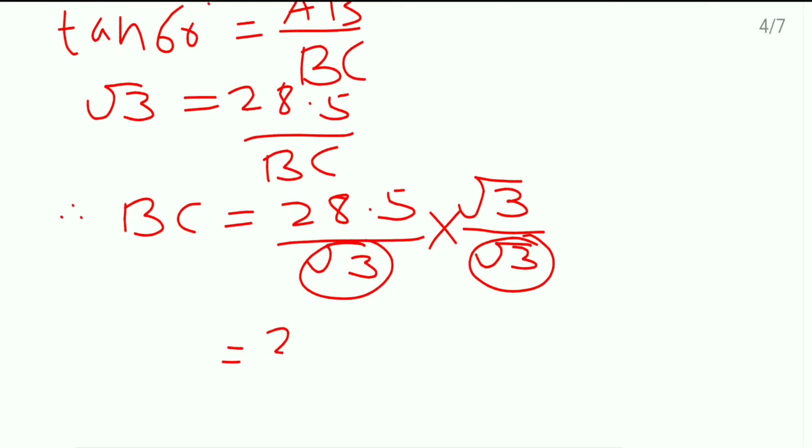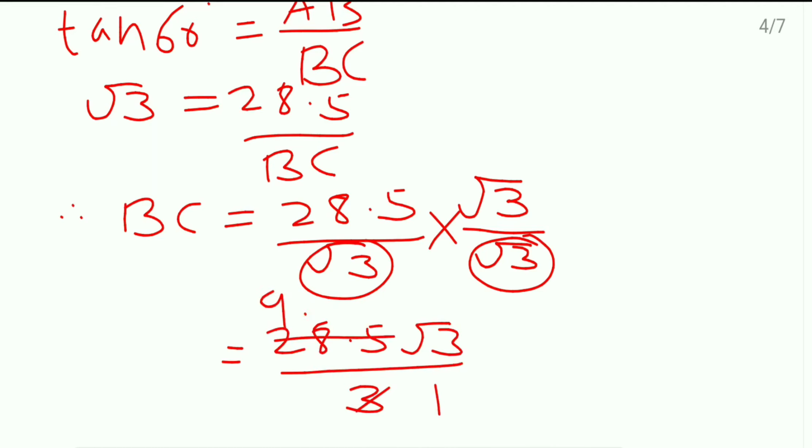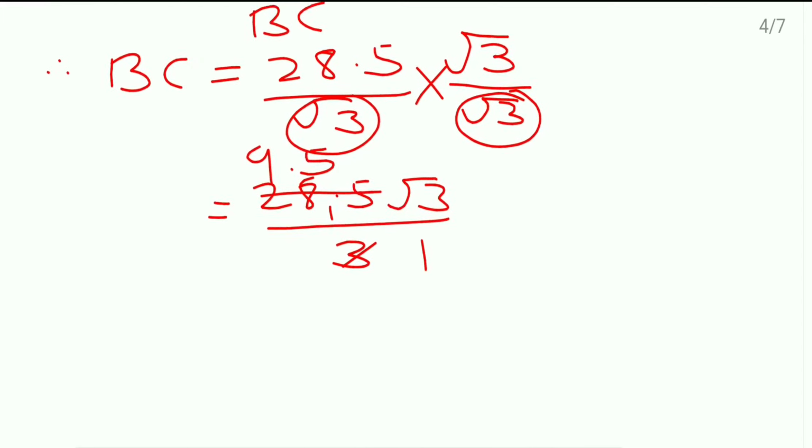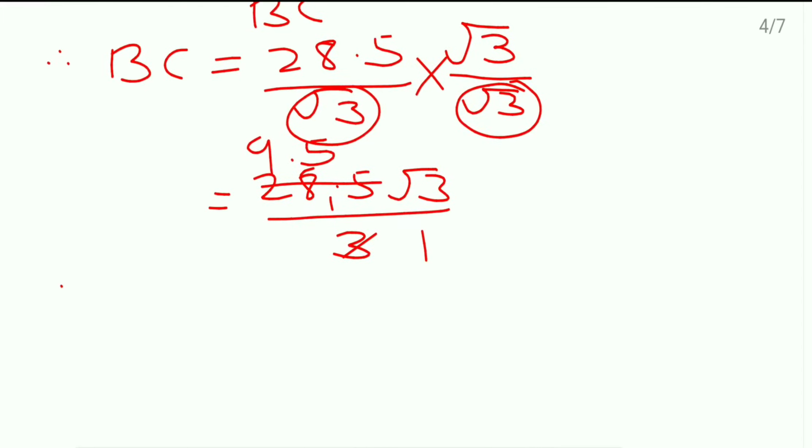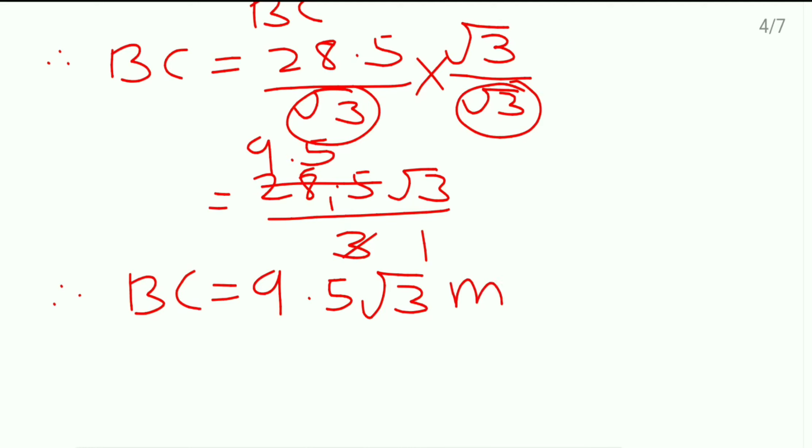So here I'll write down 28.5 root 3 divided by 3. So 3 nines are 27, 1 is remaining, 3 fives are 15. So the length of BC comes as 9.5 root 3 meter.